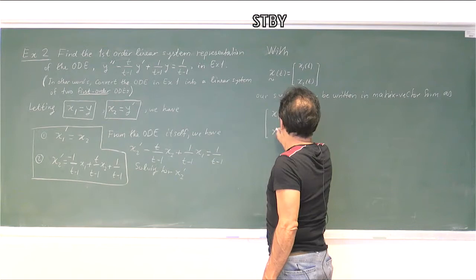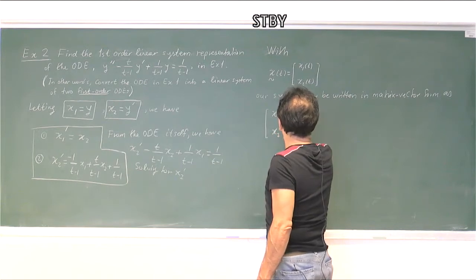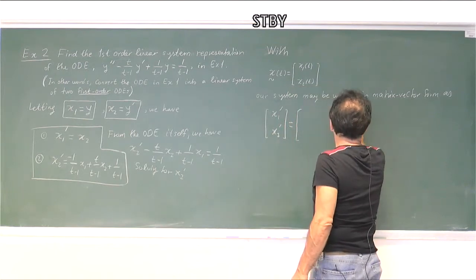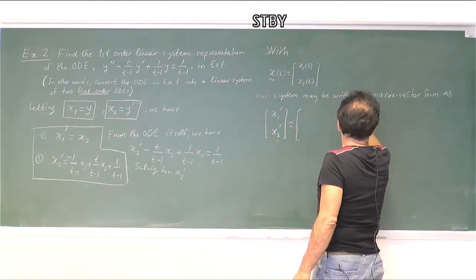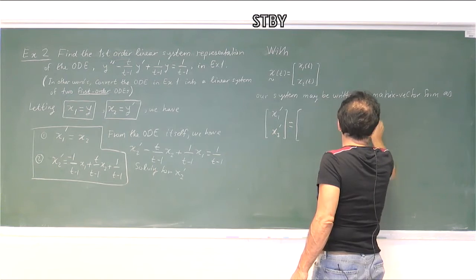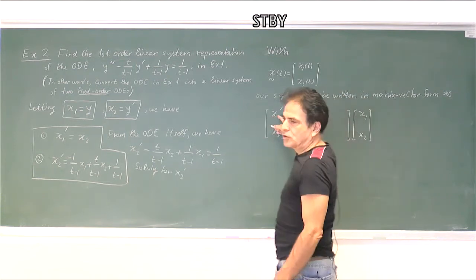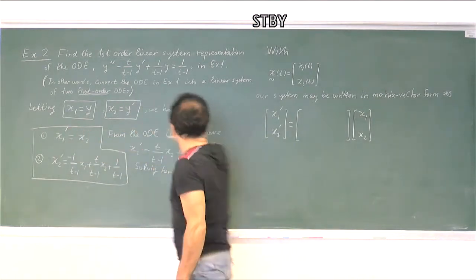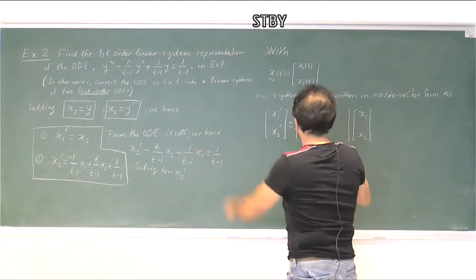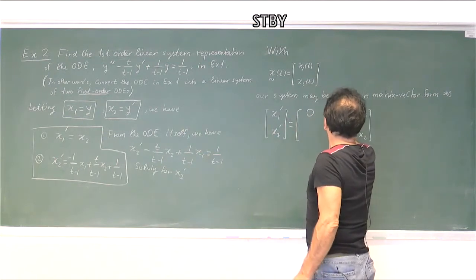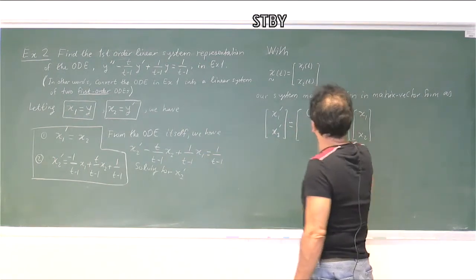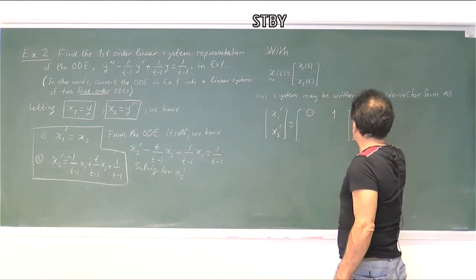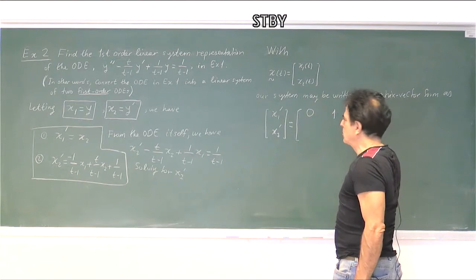x1 prime, x2 prime. Good. Look at that. We have x1, x2. So first row entries suggest that x1 prime should be x2. So the matrix elements are 0 and 1 to imply the first equation, 0 x1 plus 1 x2.